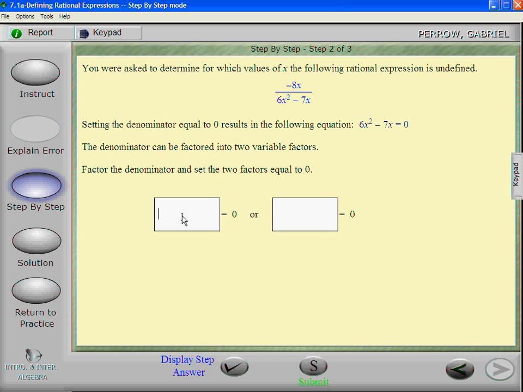Well, in this case, I pulled out an x, so I'll set that equal to 0. And if you factor out an x, what you'll have left inside the parentheses, which I can't really show you here, but imagine you pull out an x, and left inside the parentheses you would have 6x minus 7. When you divide it away, 6x minus 7 goes in the other set.